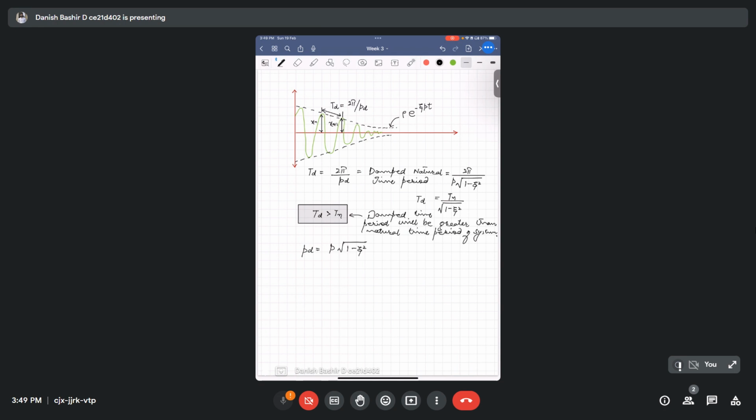So the damped circular frequency will be less than the natural frequency. These are the main points to note.